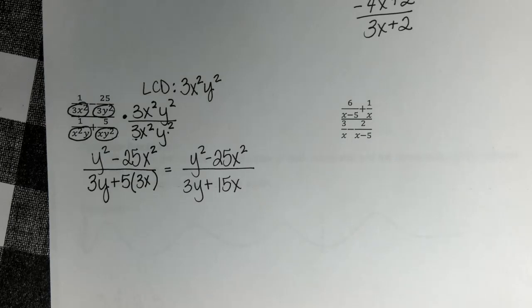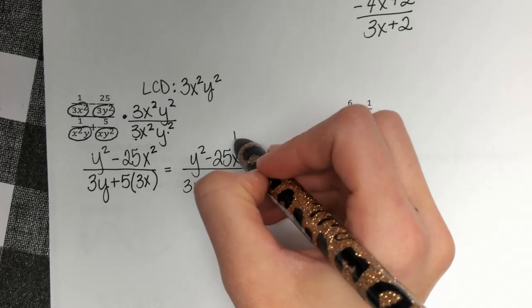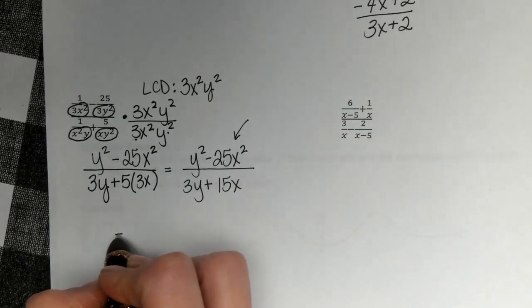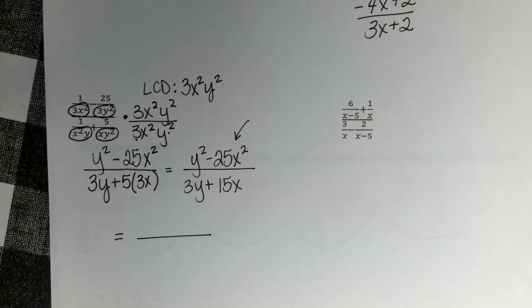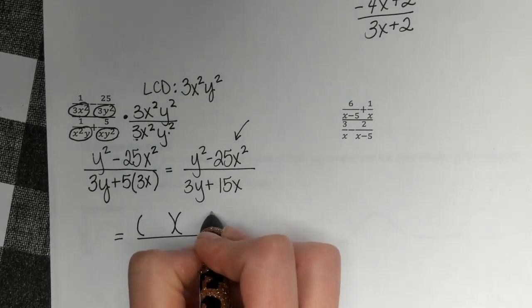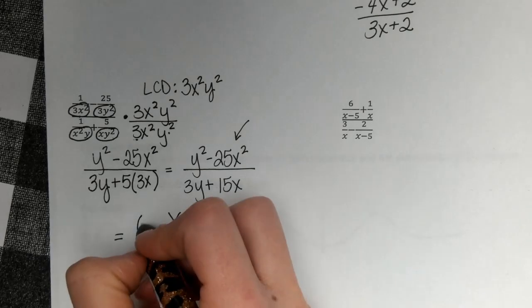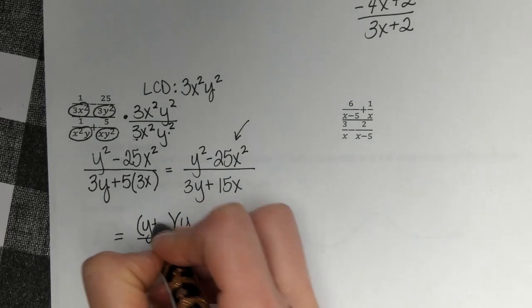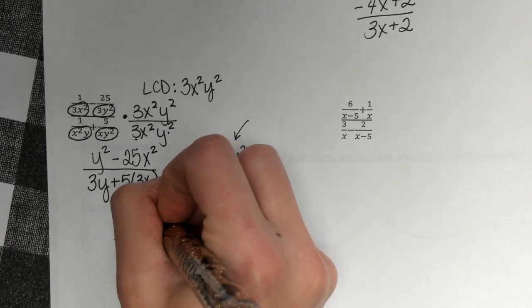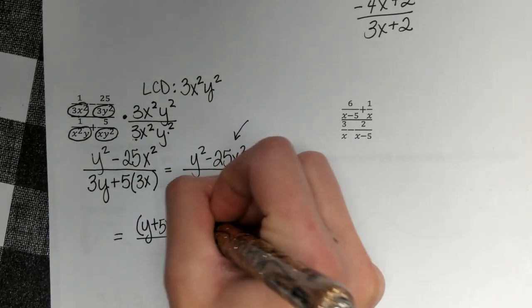Okay. Because I have x's and y's, y'all's instinct is to not simplify it. You can simplify this. This is the difference of two squares. I got a y and a y. Square root of 25 is what? So 5x and 5x.